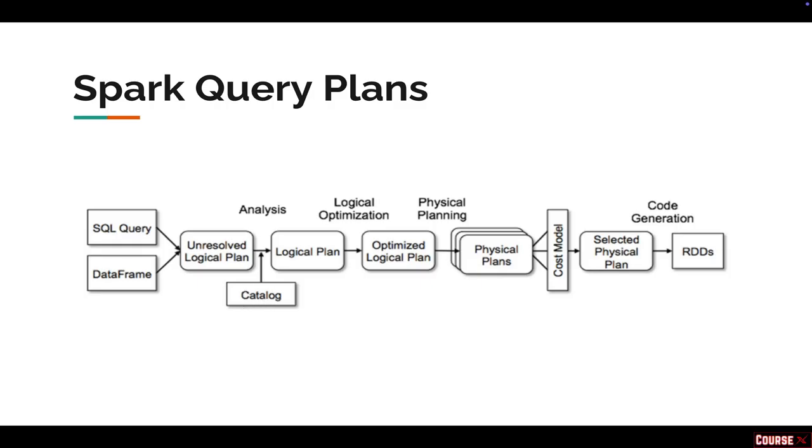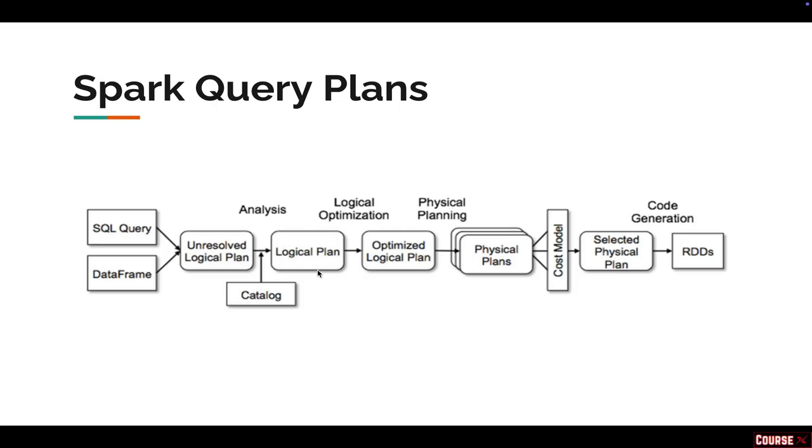Let's say you are mentioning select star from table 1. It will first check the catalog whether there is indeed a table 1, how many columns are there, and what are the different data types, and it will create a logical plan. Okay, after this analysis it will create a logical plan.